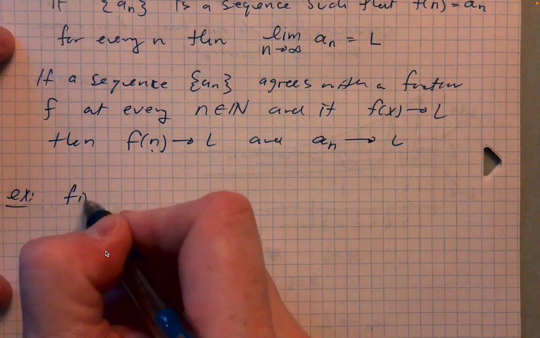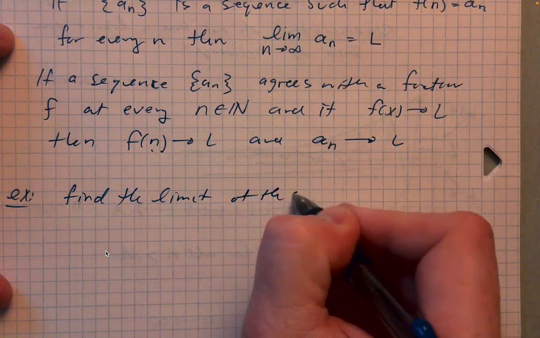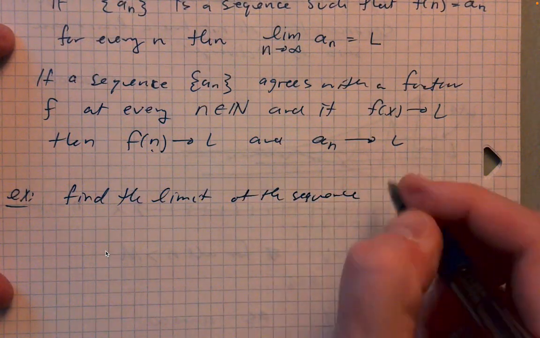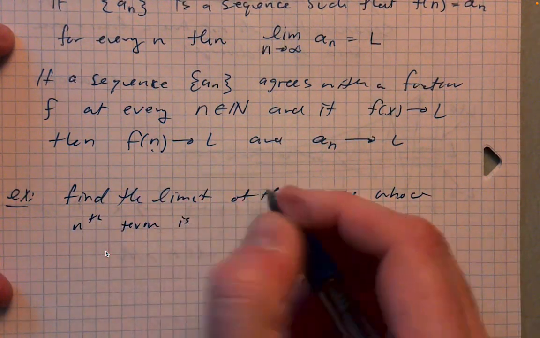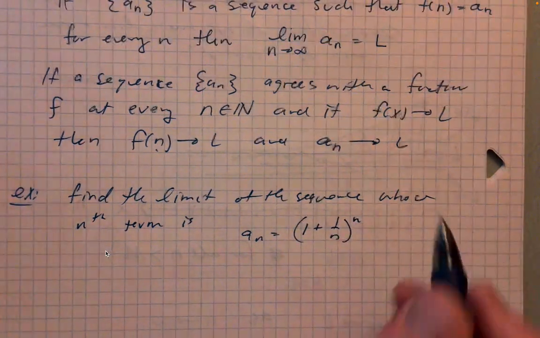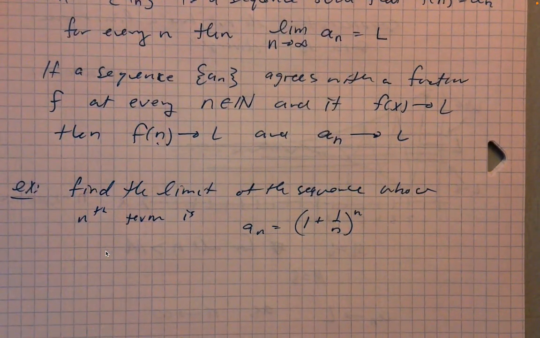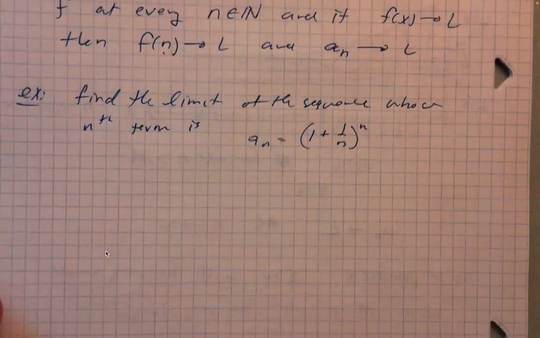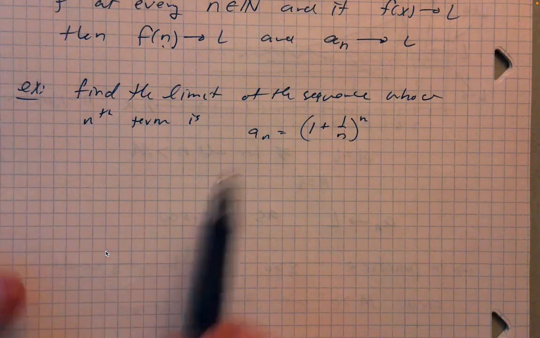So let's say we want to find the limit of the sequence whose nth term is a of n equals 1 plus 1 over n to the nth power. If you're watching these in succession, you may recall that when we discussed L'Hopital's rule, we saw a function that looked just like this.